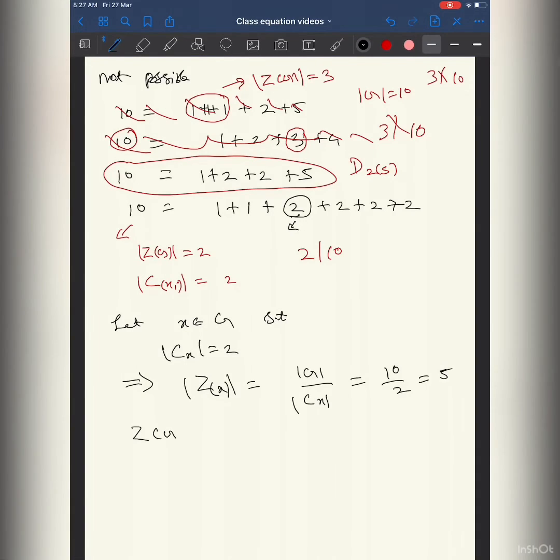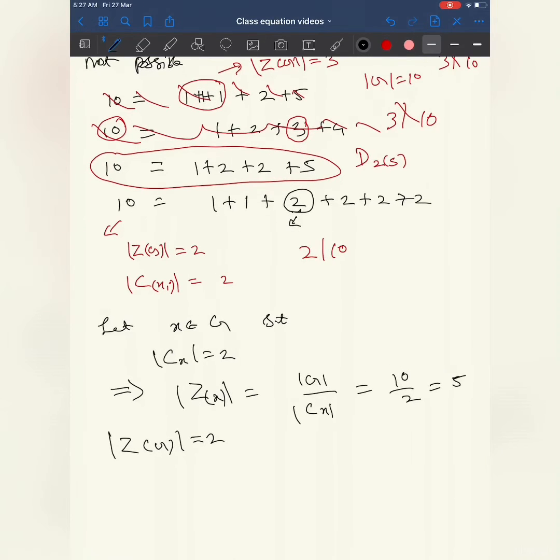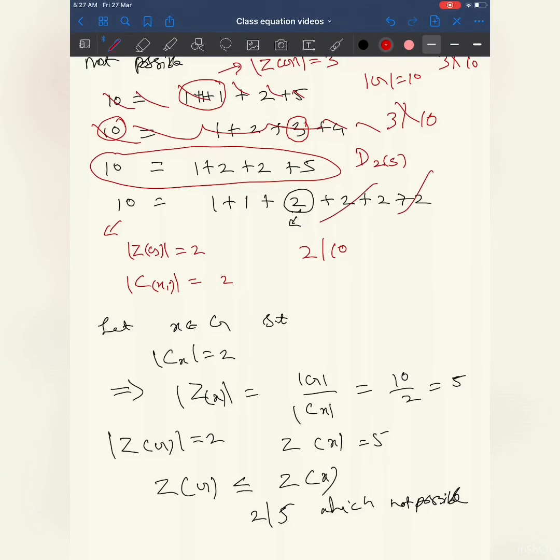We already calculated the center is equal to 2, right? Now we calculated Z of x equal to 5, but the third condition says the center is a subgroup of it, which means 2 divides 5, which is not possible. So that's why this is not true.